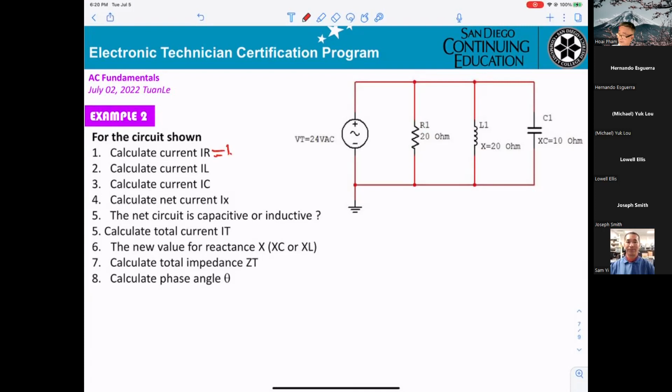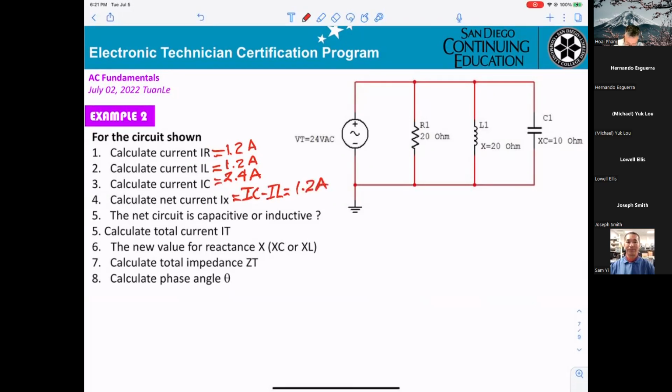IL 1.2, IC 2.4. IC minus IL. Okay, 2.4 minus 1.2, you get 1.2.